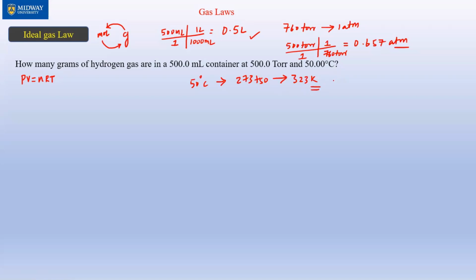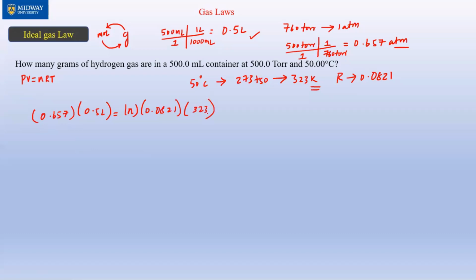Now, whenever we're dealing with volume, we must default to this gas constant, not the other one. So if we plug everything in, pressure is 0.657, volume is 0.5, n is what we don't know, R is 0.0821, times T is 323.